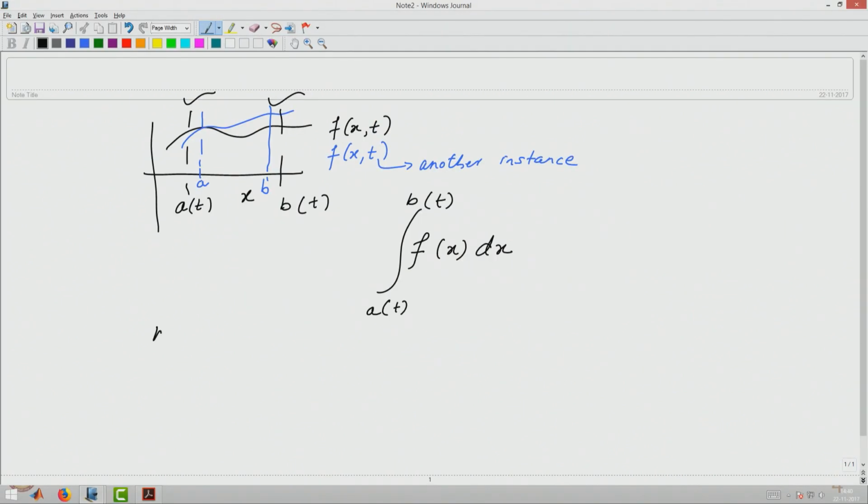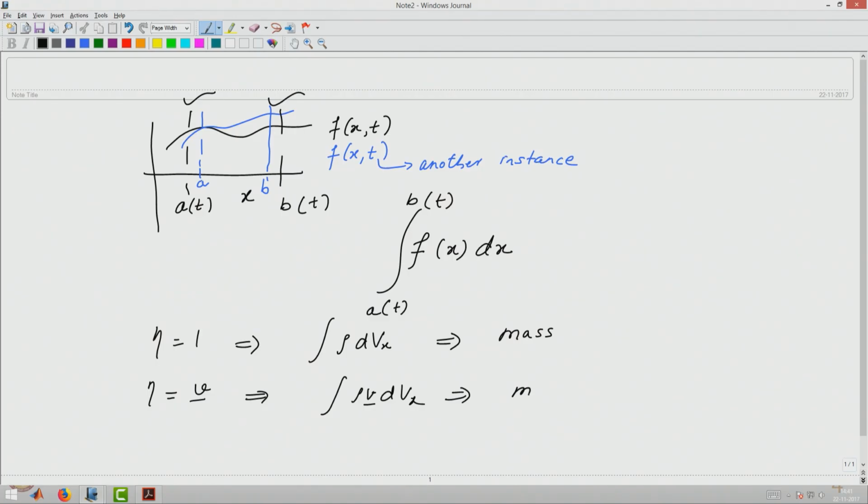For example, if eta is chosen as 1, then the overall integral becomes rho dVx. So, this is nothing but mass. Similarly, if we choose eta as the velocity, in that case it becomes rho v dVx, and this is nothing but momentum.